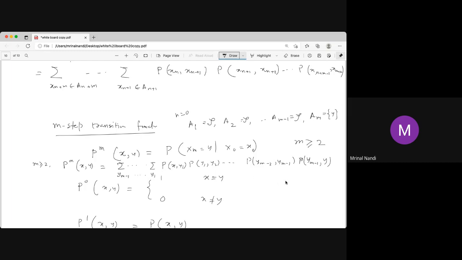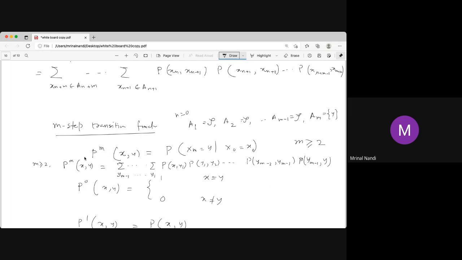In the next class we will check that the matrix of this transition function is nothing but the matrix P to the power m. But this is not P to the power m; this is just notation. Remember, here P is not a matrix. P is a function, and P_m is another function, like f_1, f_2. It is not a function to the power m.